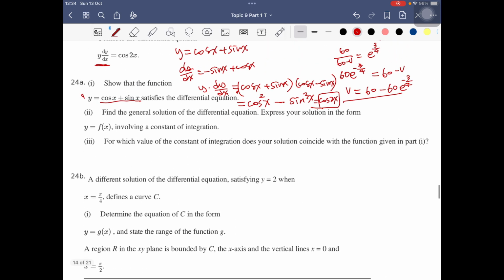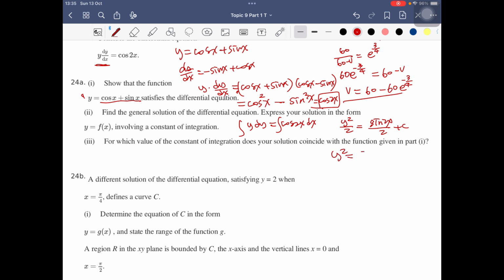So let's continue. y dy is cos 2x dx. So y squared over 2 is sine 2x over 2 plus c. So y squared is sine 2x plus c1. Let's call 2c as c1.